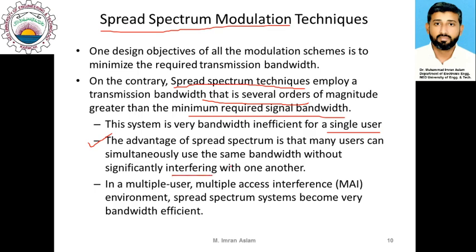So when we have a multi-user system, this spread spectrum system becomes very bandwidth efficient, although one of the users is using a large amount of bandwidth. But because many users are accommodated in the same bandwidth, we get an overall advantage in bandwidth efficiency.